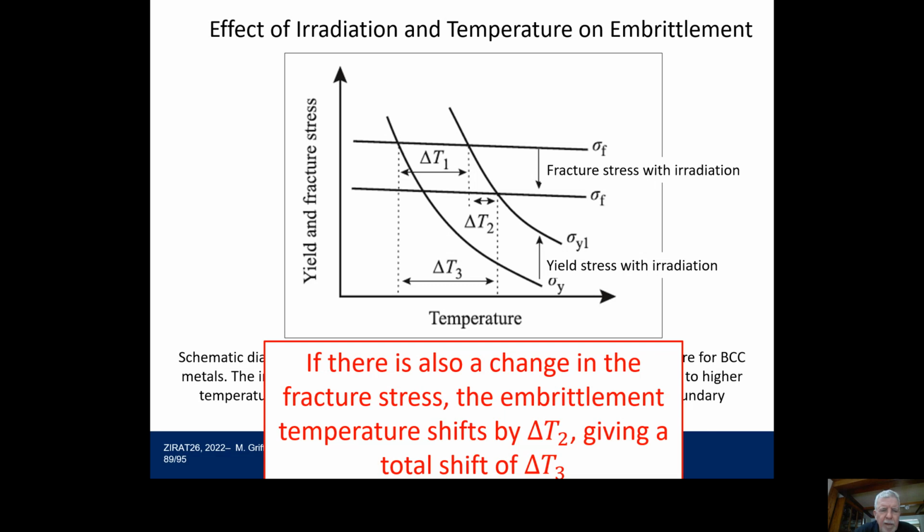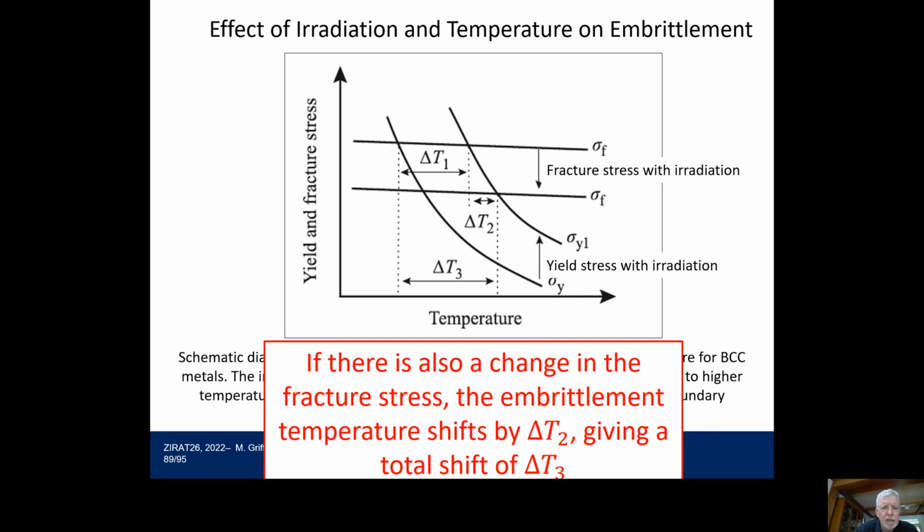Bearing in mind that one measure of ductility, of fracture strength, can be determined by, if you think about nil ductility, the closer the fracture stress is to the yield stress, the more brittle the material is. It's going to fail by fracture at a lower stress than it's going to yield.